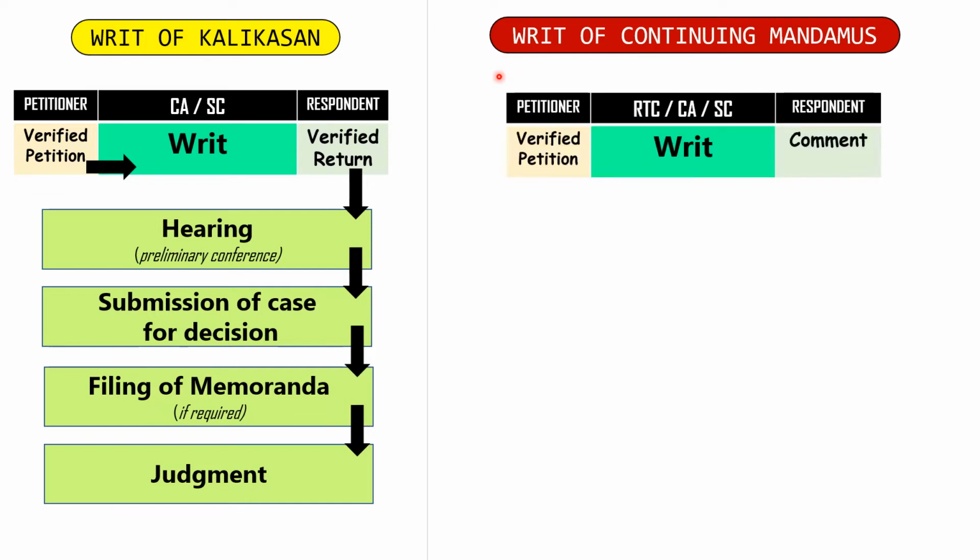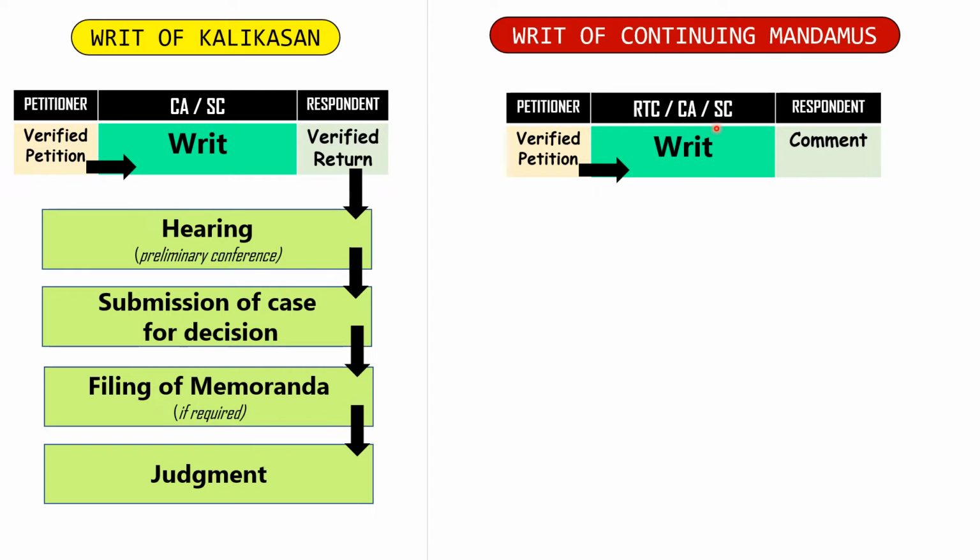Let's find out. In the writ of continuing mandamus, the first step is that the petitioner will file a verified petition. Again you have a petitioner because the writ of continuing mandamus is a special civil action. After the filing of the verified petition, what will happen next?